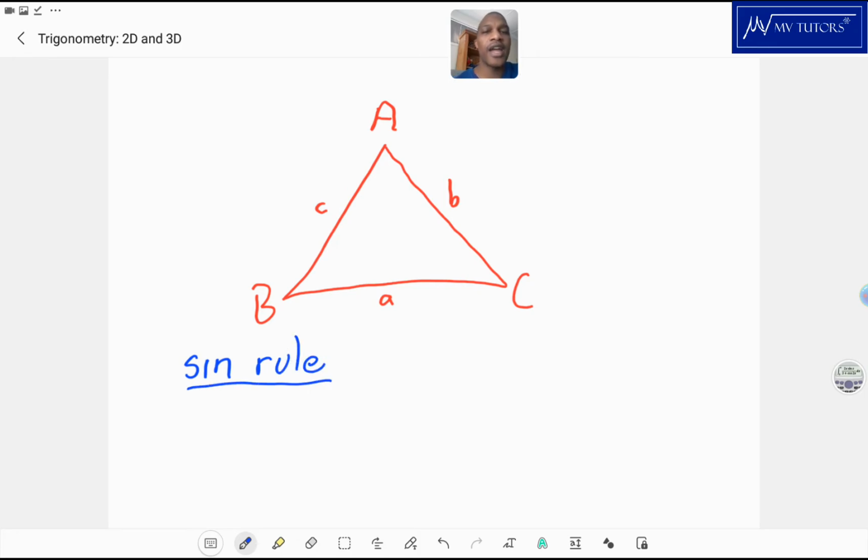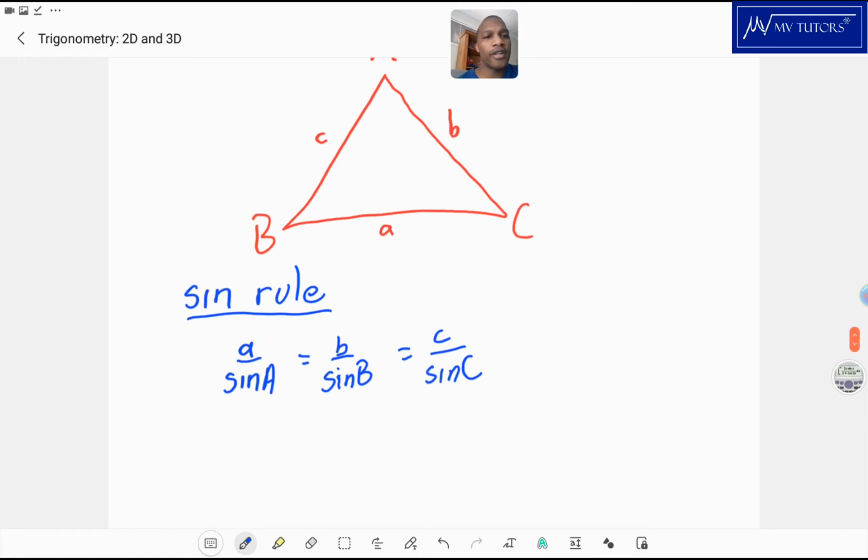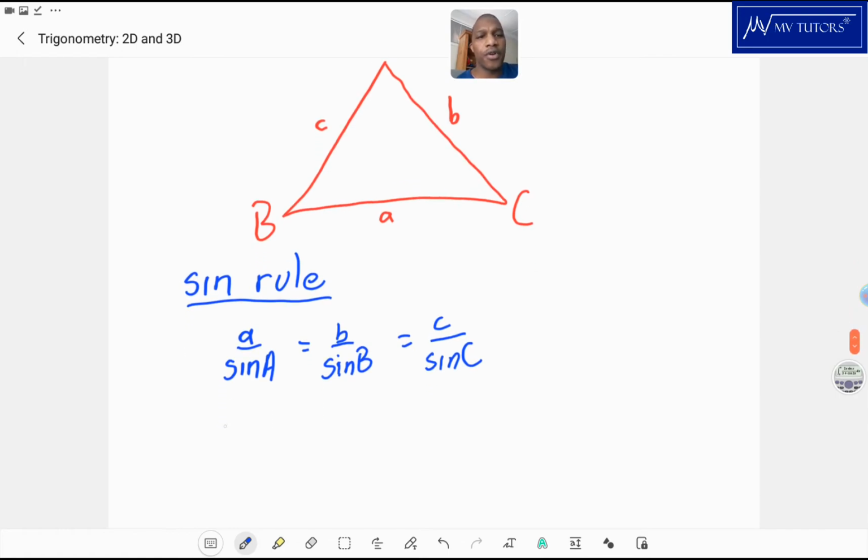And the sine rule says a over sine A is equal to b over sine B is equal to c over sine C. Then you can solve, or depending on what you're solving for, you can also have it as sine A over side A. You see what's going on here?